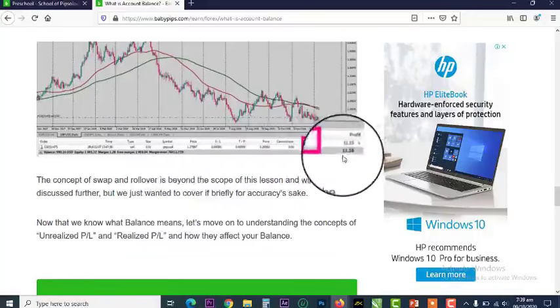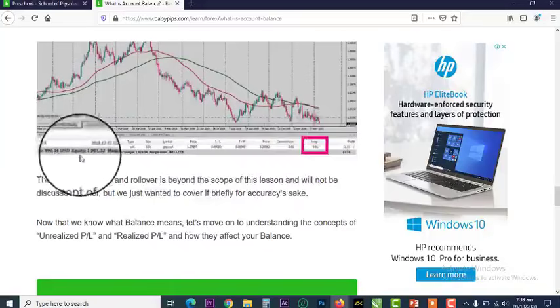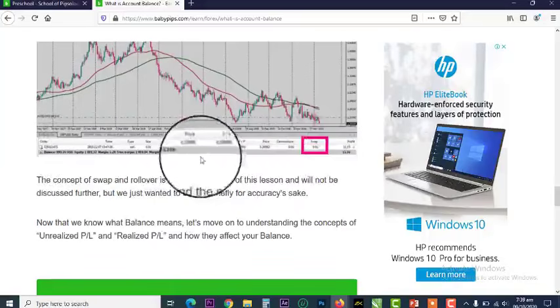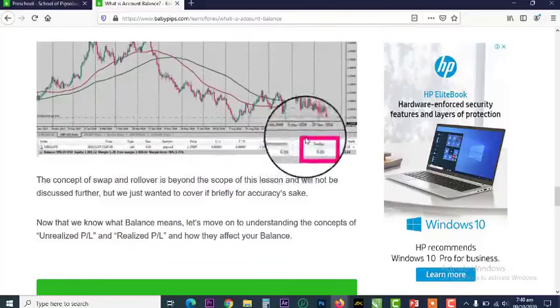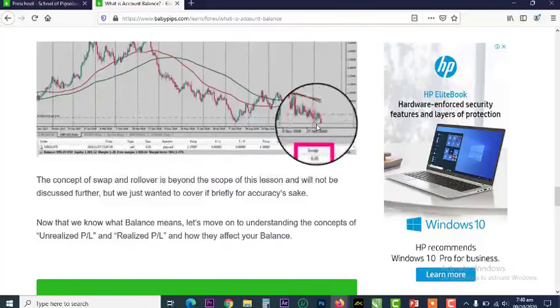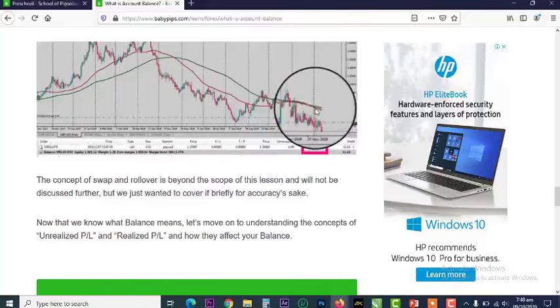You see, even though the person has 1,000 US dollars in his or her account, the person is trading 0.01 lot size. So it means if the chart ticks by just one tick, he's making 1 cent, just 1 cent, and that's good risk management. Why?